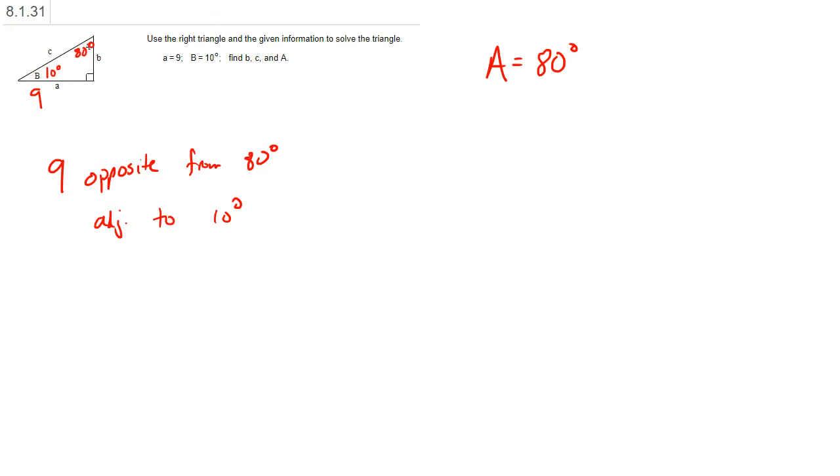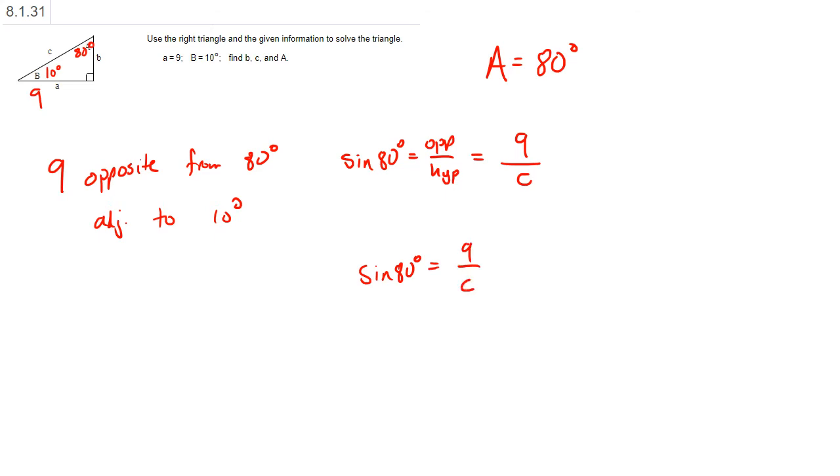So if I was to use the fact that 9 was opposite from 80 degrees, I could say that the sine of 80 degrees is opposite over hypotenuse. Opposite from 80 degrees was of length 9, and the hypotenuse of this triangle is c. So the sine of 80 degrees is 9 over c.